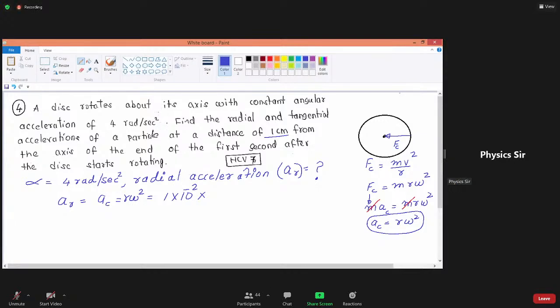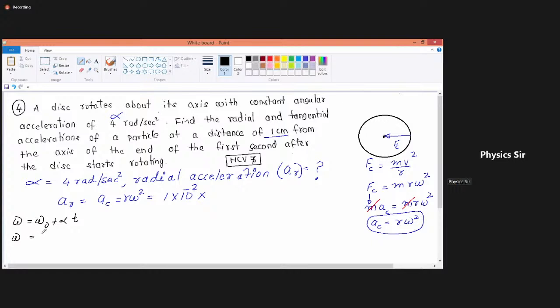Omega they have not given, so अपन कैलकुलेट कर लेंगे. They have given this alpha, right? So I can apply this formula. Omega is omega naught plus alpha t.